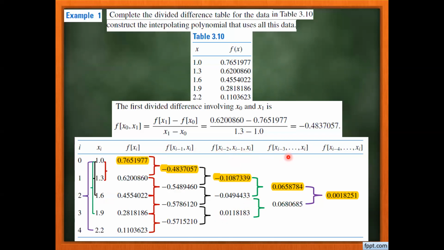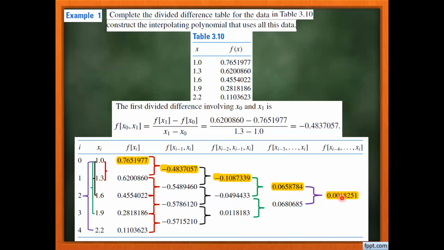Coming to the second last column, I will take the difference of these two values, divided by 1.9 minus 1.0, to get this value. Then I will take the difference of 0.01181 minus this term divided by 2.2 minus 1.3.